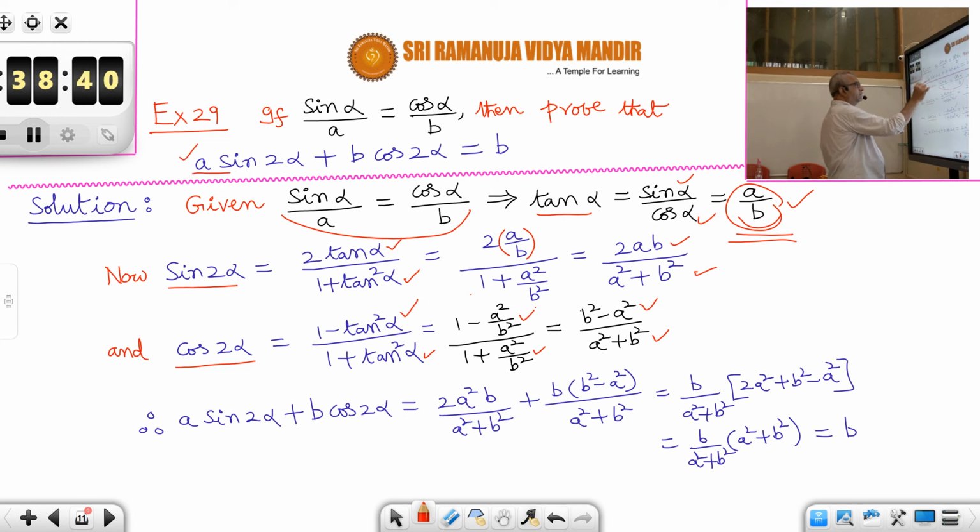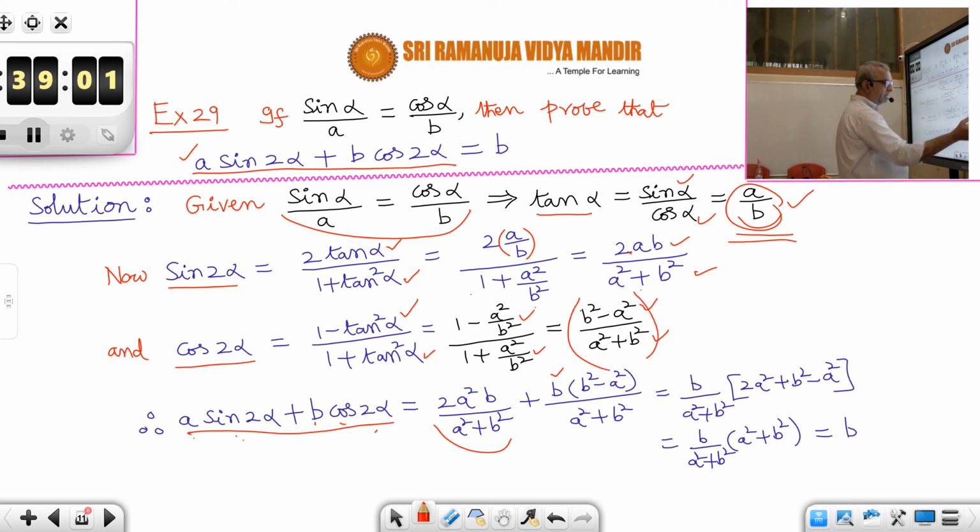We have to show that a sin 2 alpha plus b cos 2 alpha equals b. So consider a sin 2 alpha plus b cos 2 alpha. A into sin 2 alpha means 2a square b by a square plus b square, plus b into cos 2 alpha, which is b square minus a square by a square plus b square.